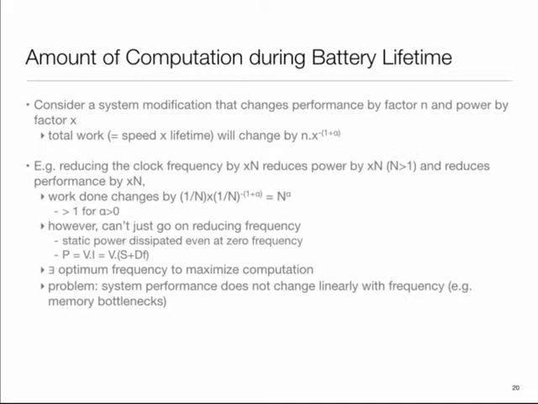So, for example, let's say I reduce the clock frequency by a factor of n. That will reduce the power by a factor of n, and it will reduce the performance by a factor of n. And I combine these things together, I will say the work done before the battery dies changes by n to the power alpha. In an ideal battery, alpha is 0, so this would be 1. So that's what we'd expect.